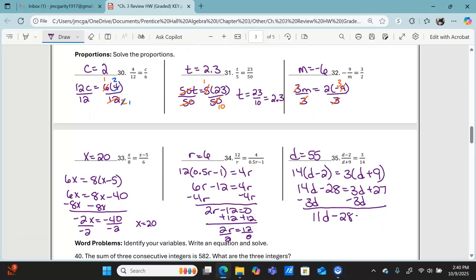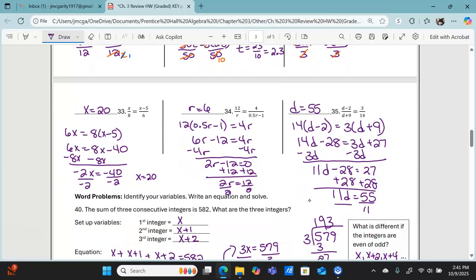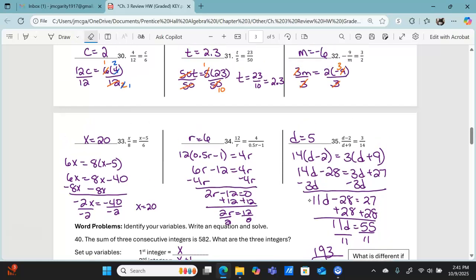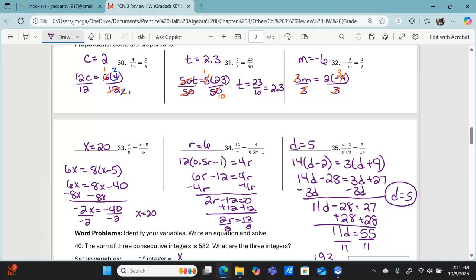Minus 28 equals 27. Add 28 to both sides. We get 11d equals 55. And dividing by 11, we are going to get d equals 5, not 55. So d equals 5 is what we end up with there.